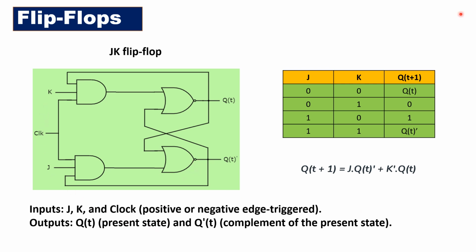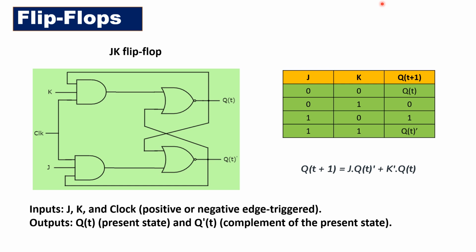This is done by defining S is equal to J Q of T dash. This allows the set operation to be dependent on J and the complement of the present state. R is equal to K dash Q of T. This allows the reset operation to be dependent on K and the present state.